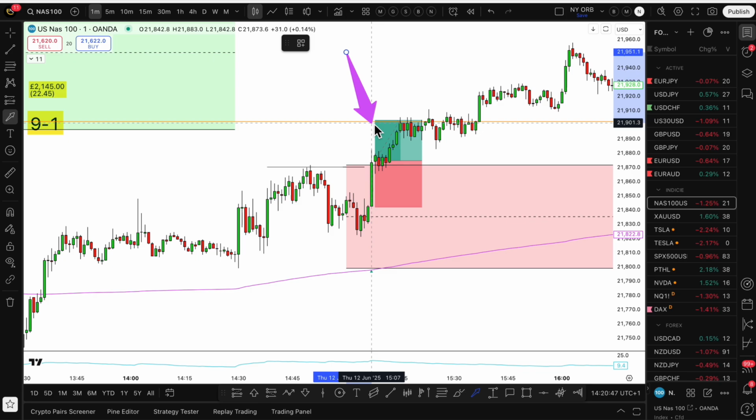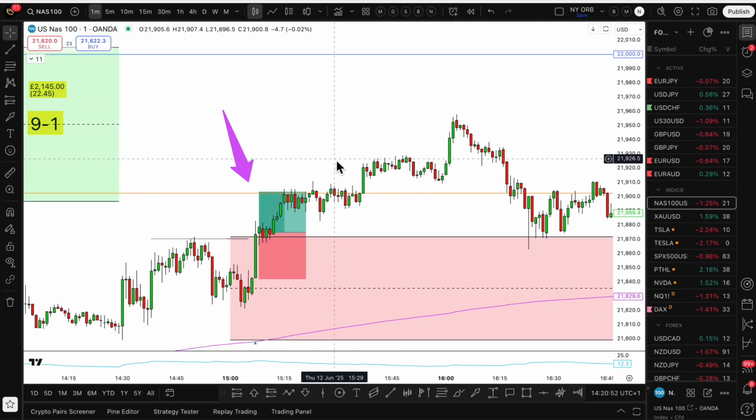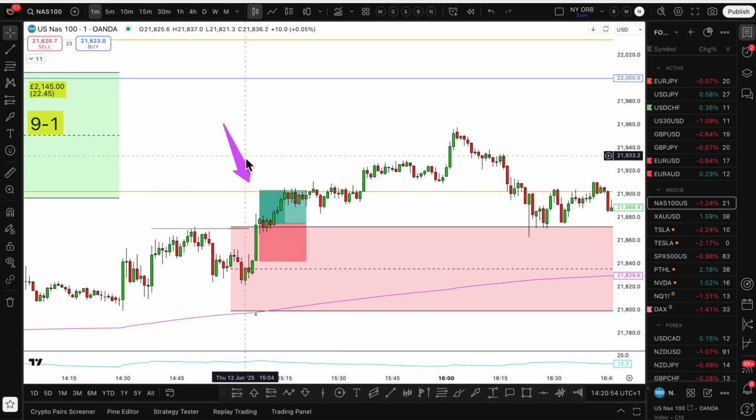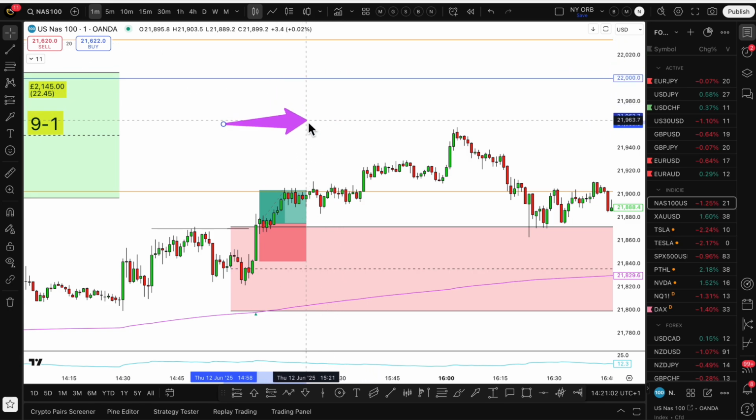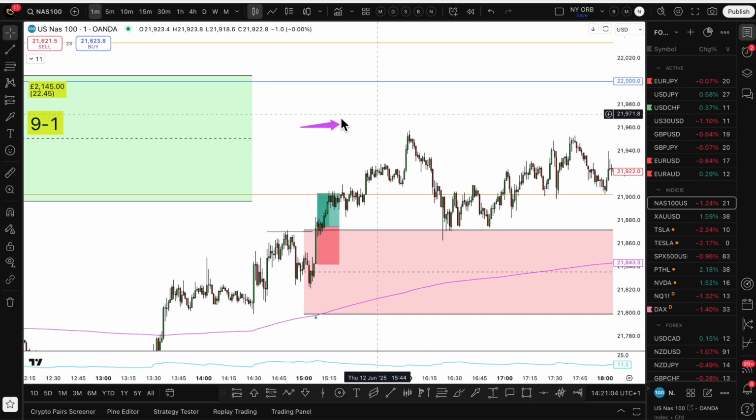So the pivot point was here, and the trade was almost a 1-to-1. So the next area of interest for us was either this psychological level or this pivot point, and it was just too far, so we took our 1-to-1.